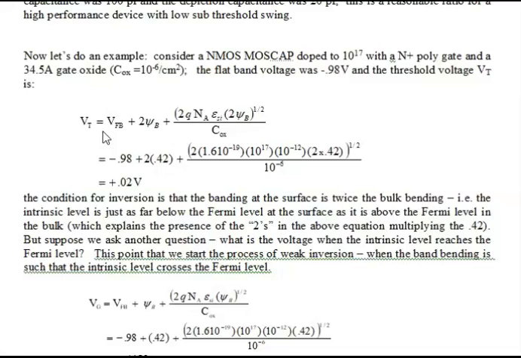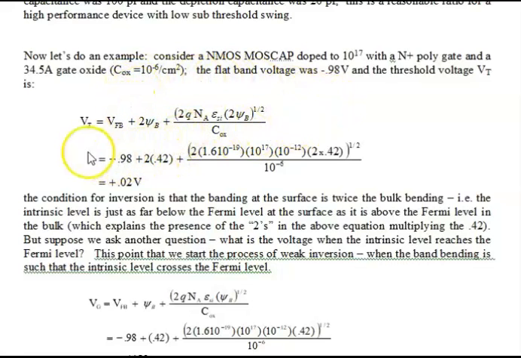So the first question we should ask, let's do a sanity check. These numbers we're assuming are pretty reasonable, and we get a very, very small threshold voltage. What does it mean? It means that this thing with 0 applied voltage, don't forget that the threshold voltage is a gate voltage. It is a specific gate voltage such that this relationship applies.